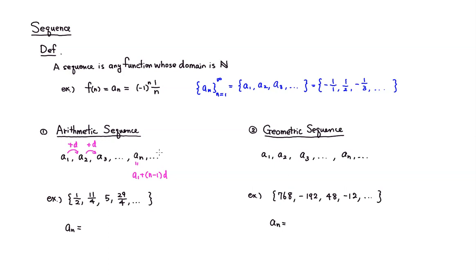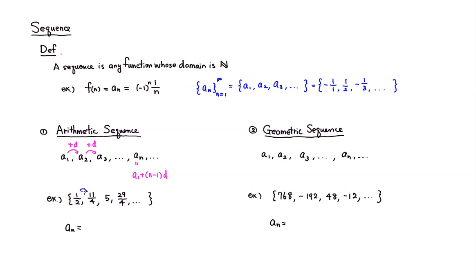Here's an example. If you look at this given sequence, what would be the difference? You have 1/2, which is 2/4, and the difference between 2/4 and 11/4 is 9/4.